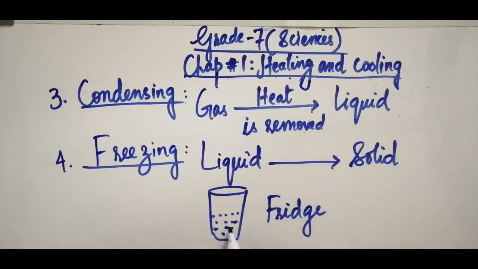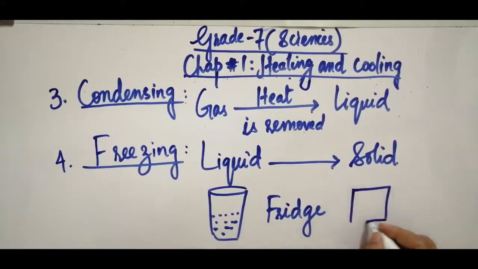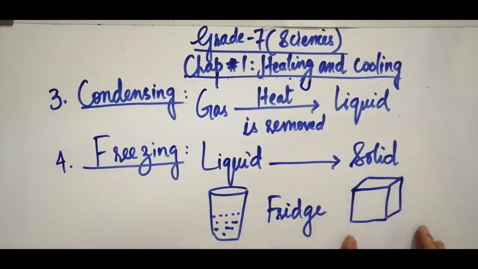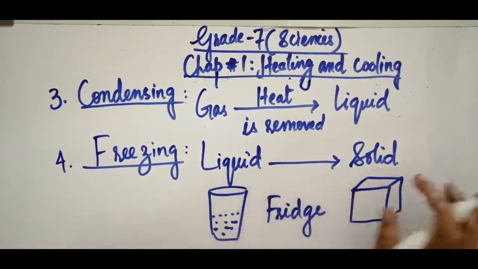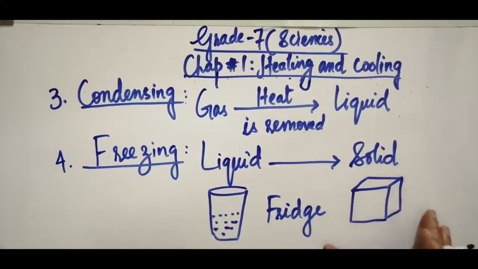It will freeze. It will be converted into ice. So this ice formation will occur, which indicates that after removing the heat energy from the liquid, it changes into the solid state. So this is another example of this phenomenon.